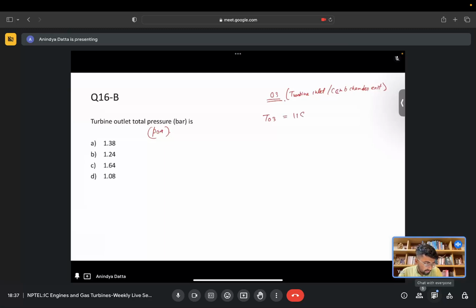So T03 is given, 1180 Kelvin. Now what is P03? If the cycle was ideal, P03 would be equal to P02, because we assume that the heat addition process is at constant pressure, but here it is not the case. So P03 equals P02 minus the pressure loss in the combustion chamber. Now the pressure loss in the combustion chamber is given as 4% of P02, right?